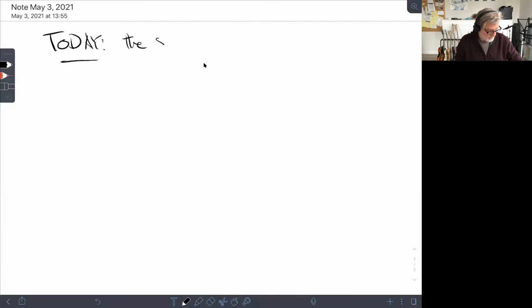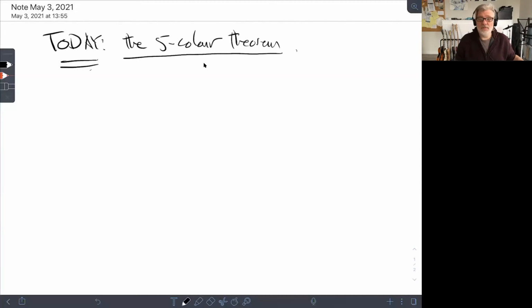The so-called five color theorem. So let me give you a little bit of background and then we'll jump into the very, very cute little proof. It's a very short proof, but it uses a lot of the stuff that we've developed up to this point. Okay, so background.